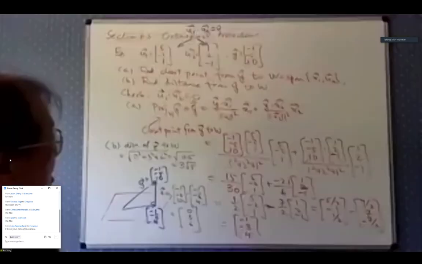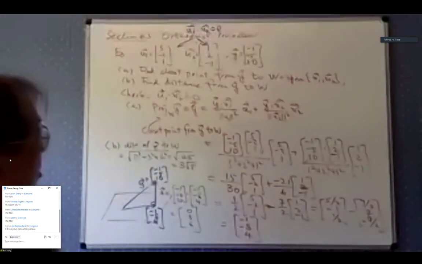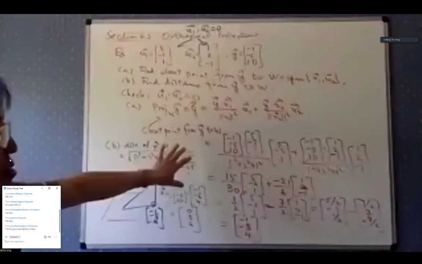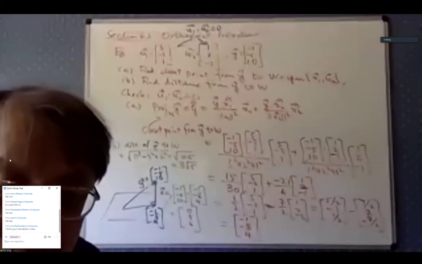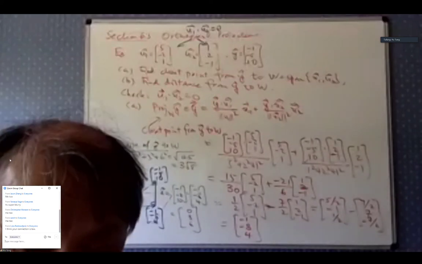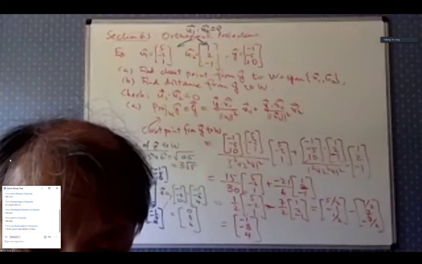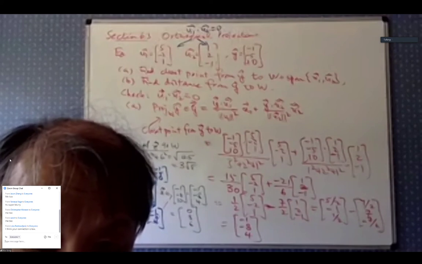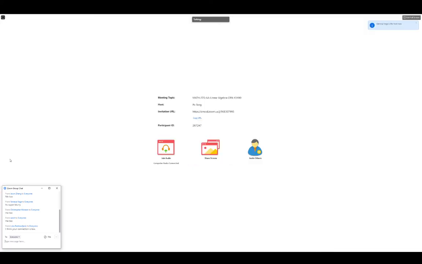How much did you miss? Everything? We could hear you. It's just the board is hard to see. This one we still have the whole thing here, so I'm not erasing it. So is it better now or not? No? I'm going to leave the meeting and come back in and see whether it helps, okay?